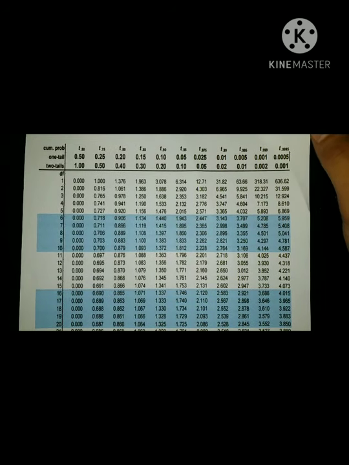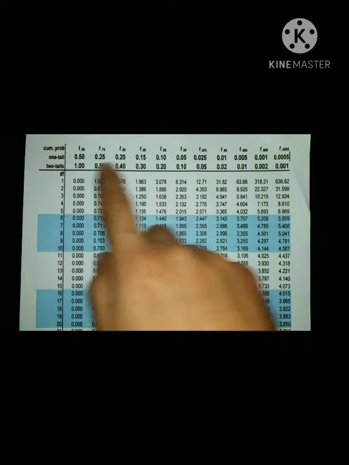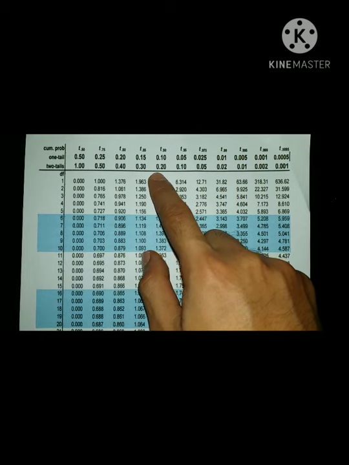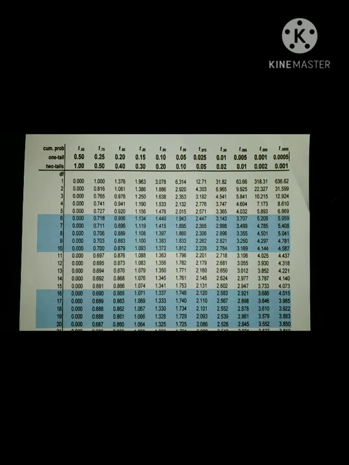As you can see, we have here the rows for the one-tailed test and for the two-tailed test. And on this section, we have the degrees of freedom. Our example is a two-tailed test.